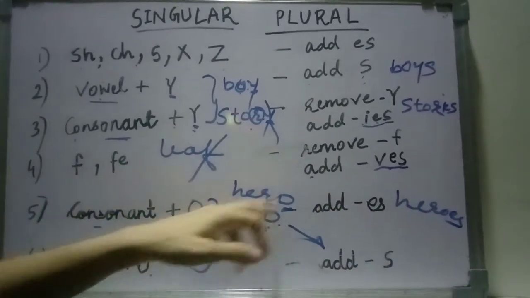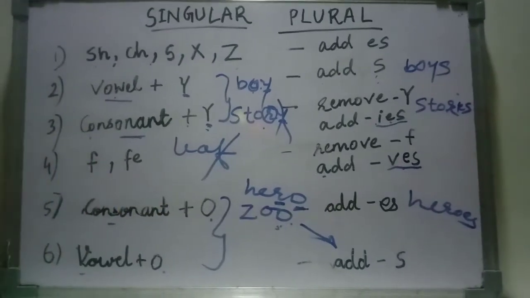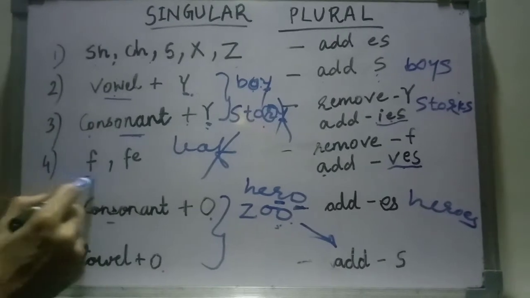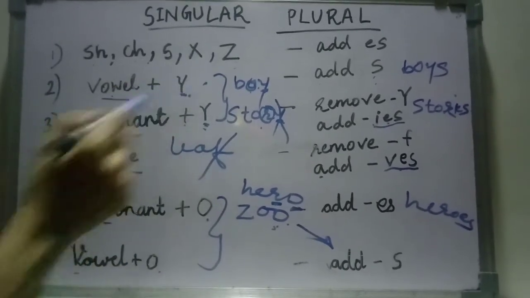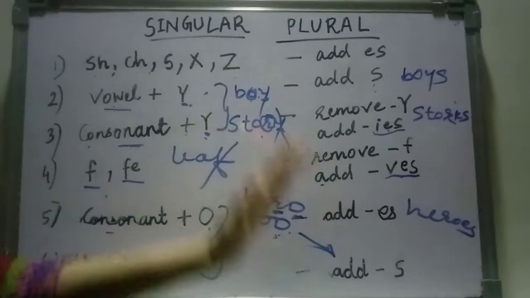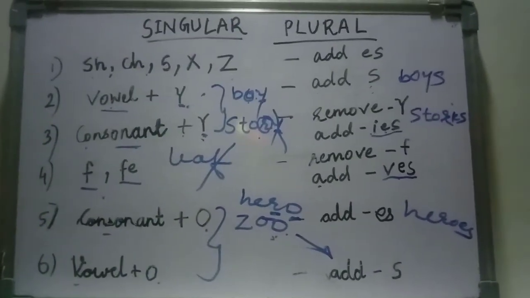You don't have to remove O here. Only in case a word ends with Y or if a word ends with F or FE, then only you remove. Otherwise, in all the other rules, you have to just add ES or S.